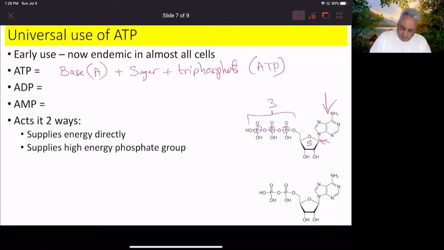If you break one of these bonds, this one here, and as you can see down here, then the inorganic phosphate will float away, leaving behind just 2 of the 3 phosphates. So that becomes a diphosphate.